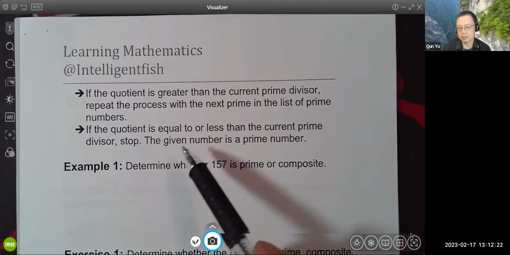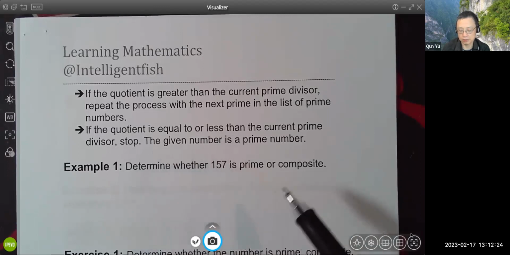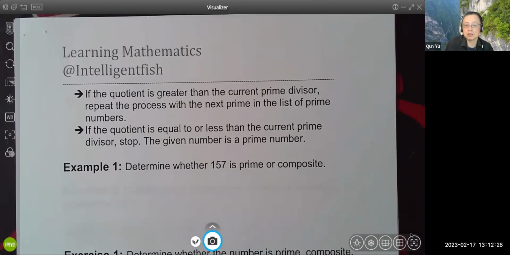Okay, this last part just tells us when to stop, basically. And by the way, if you're not sure which prime numbers to use to do division, you can just use all of the whole numbers starting from say 2, 3, 4, 5, 6.